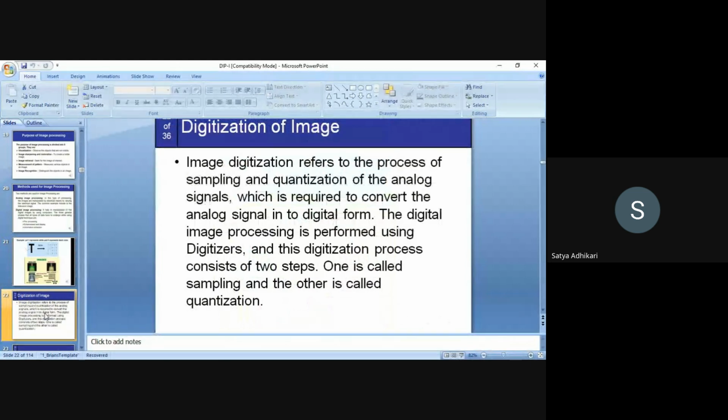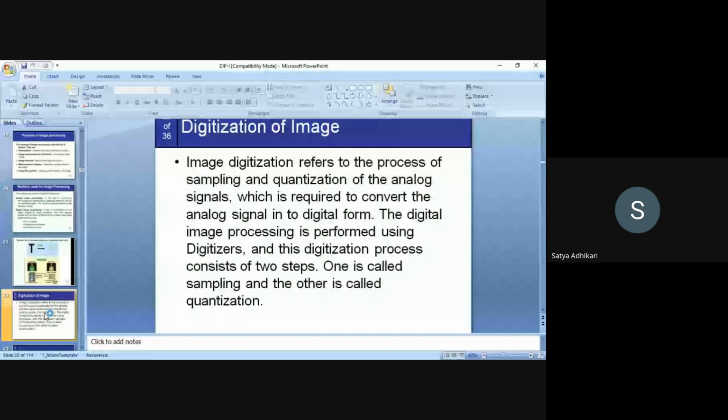So technically, digitization of an image is nothing but it consists of two processes: one is sampling and another is quantization, which is required to convert the analog signal to digital form.